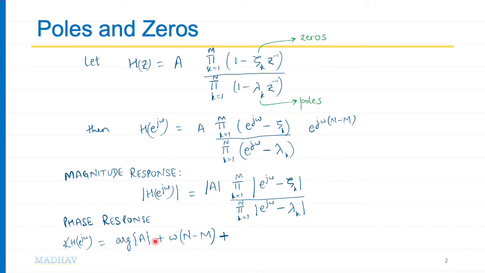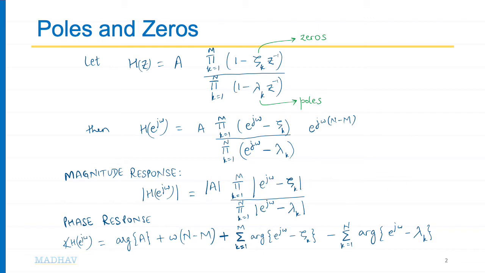So you get the ω(N−M) term from here, plus the phase of this term, which means the sum over k equal to 1 to M of the argument of e^{jω} minus ξ_k, minus the argument of these terms, and you are seeing how multiplication becomes addition or subtraction. So you take the argument of the poles, the denominator factors. Okay, so this is the general form, and we can see the magnitude and phase response.